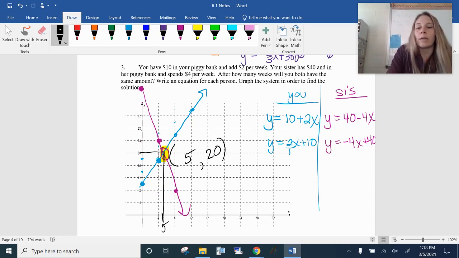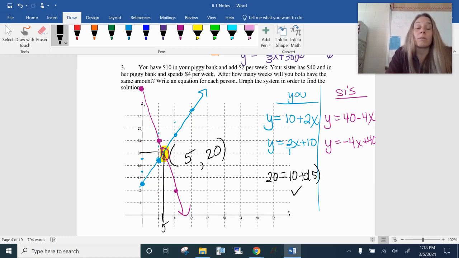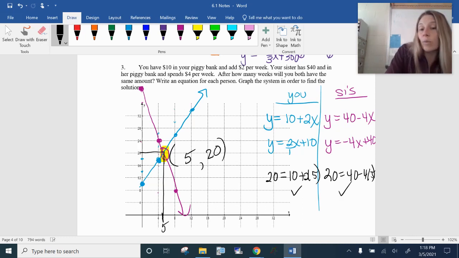If I put in a 20 for my y and I do 10 plus 2 times 5, does that work? Yeah. Let's try it for the other one. If I put in the 20 for my y, 40 minus 4 times 5, that works as well. So that means in 5 weeks, you're both going to have $20.